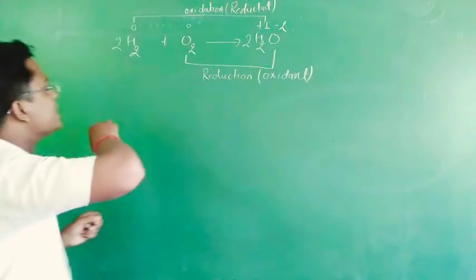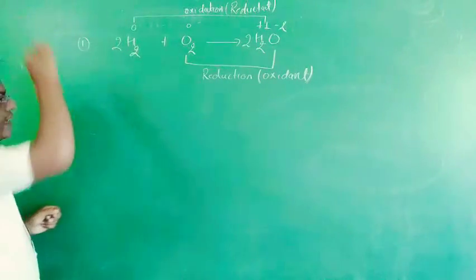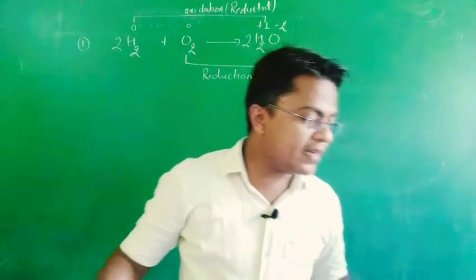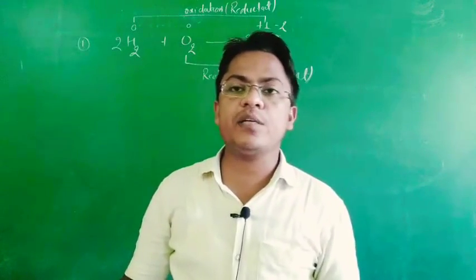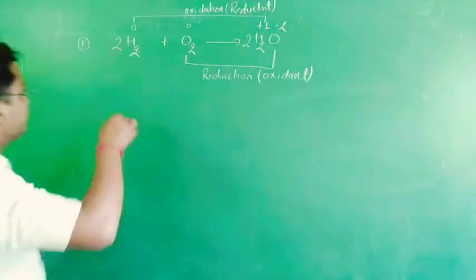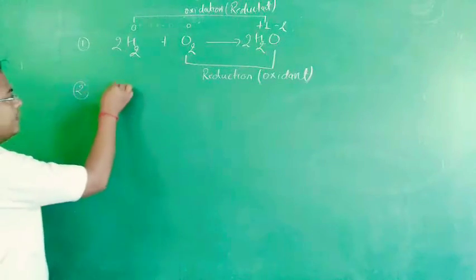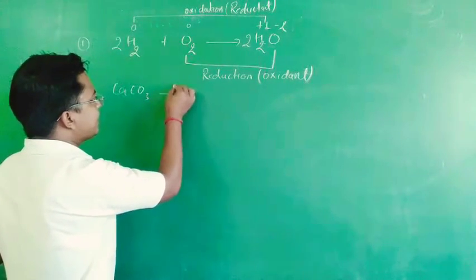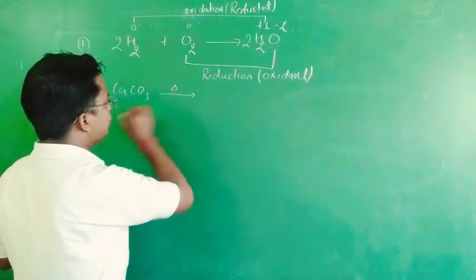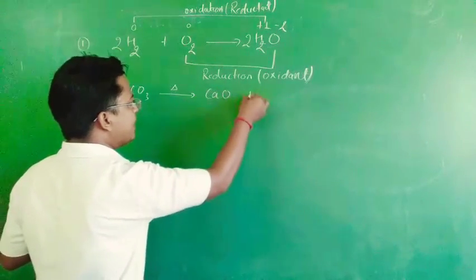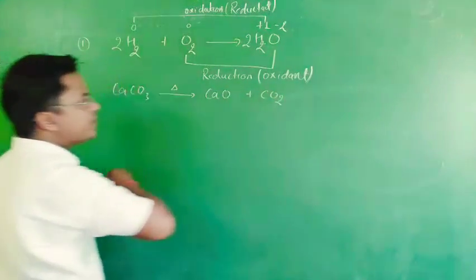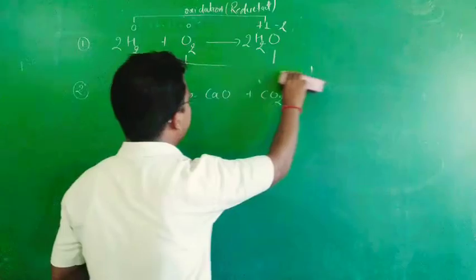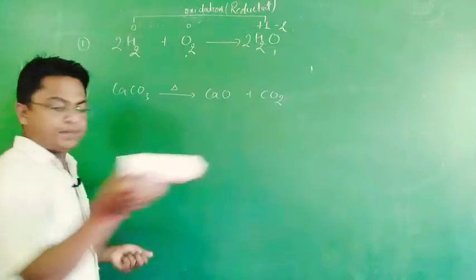Let us take some other reaction. Suppose we have calcium carbonate, which on heating gets dissociated to give calcium oxide and CO2. First of all we have to mention the oxidation state of each element in this reaction.